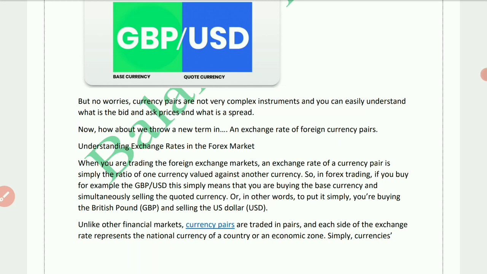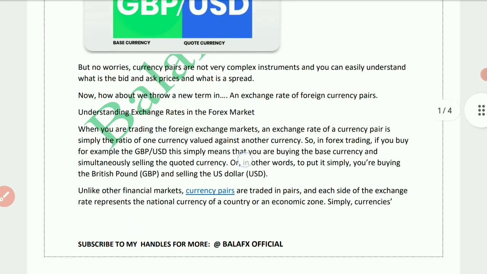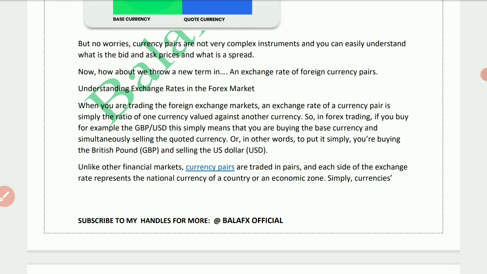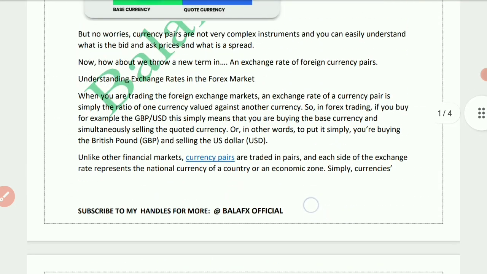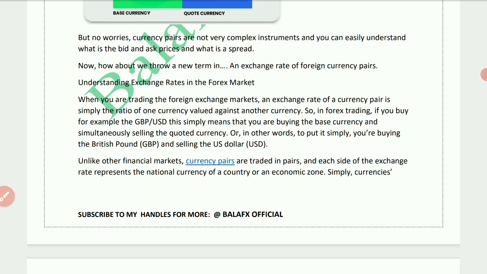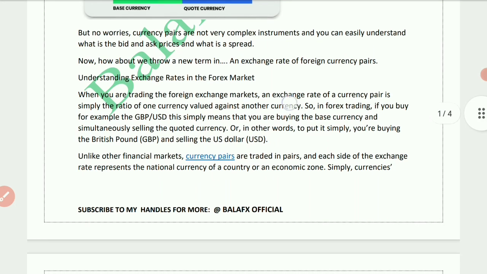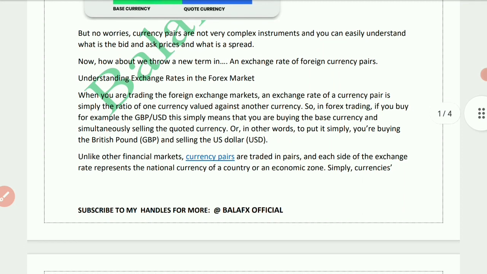Bid price, ask price. So what is spread? Now we have talked about the exchange rate, and we want to talk about spread. When you are trading, the exchange rate of a currency pair is simply the rate.